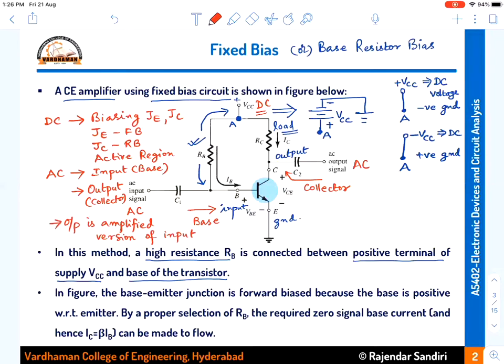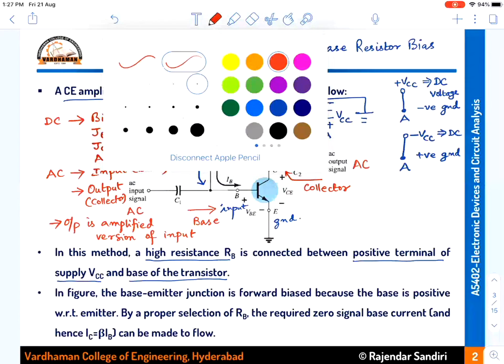So that means the CE amplifier requires both DC as well as AC. DC is for biasing purposes, to keep the emitter base junction forward biased and the collector base junction reverse biased, so the transistor is operated in the active region. Once the transistor is operated in the active region by the DC power supply, we apply the AC input to the base, which is a weak signal, and you will get the output as a strong signal.